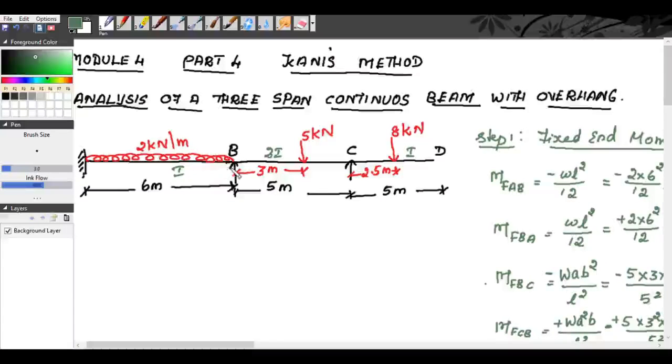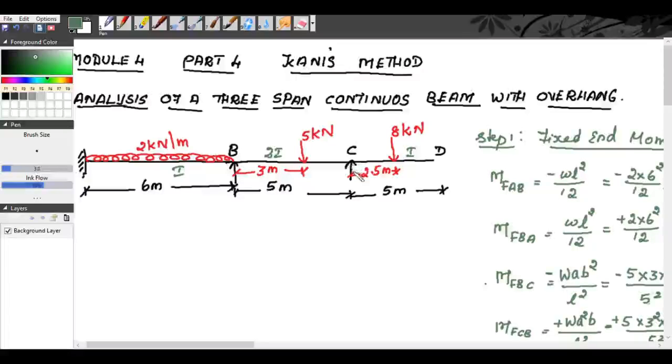And remember, when you are considering the joint B, BA, the far end is fixed. For BC, C is the extreme support. We have to consider the joint C also, right? So C is also an intermediate support.